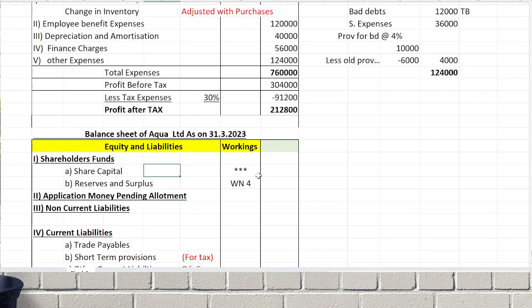What is the share capital amount? 4 lakhs.